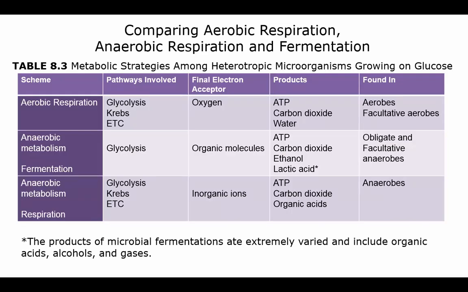So if we compare aerobic respiration, anaerobic respiration, and fermentation, we see the pathways involved for each of them that we've discussed. The final acceptor for aerobic respiration is oxygen. For anaerobic respiration, it's inorganic ions, and for fermentation, organic molecules. We're going to produce ATP with all of them, but you see other things are produced as well.